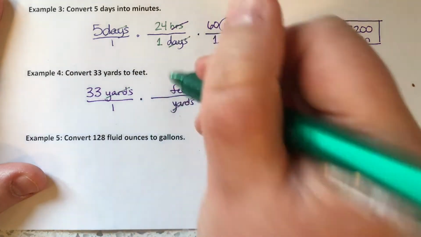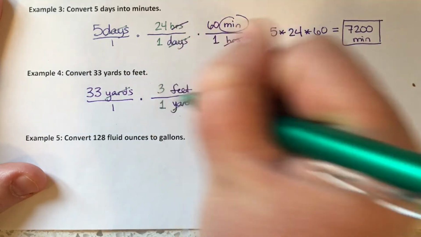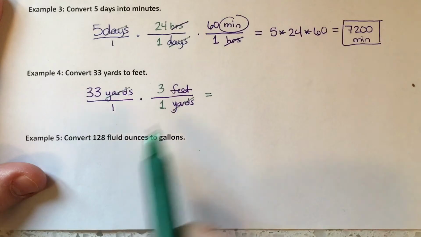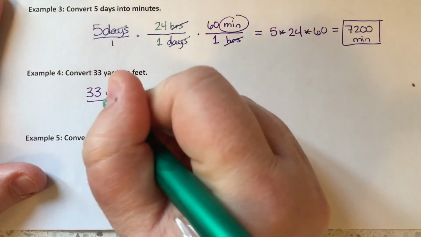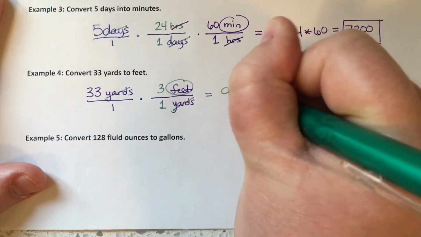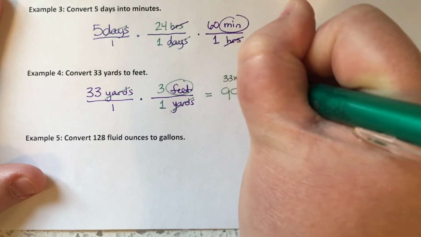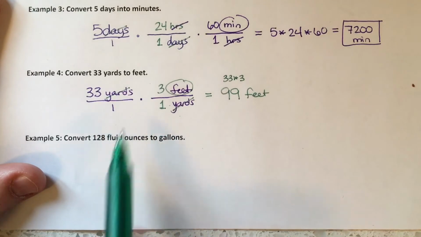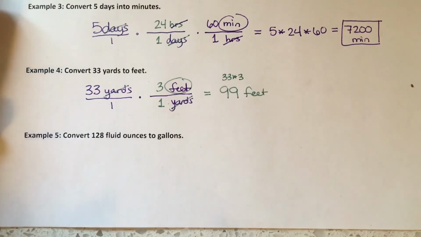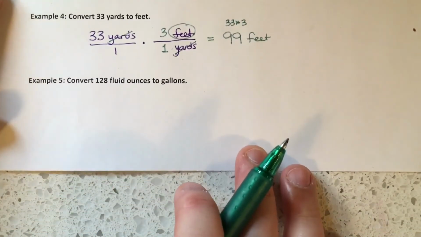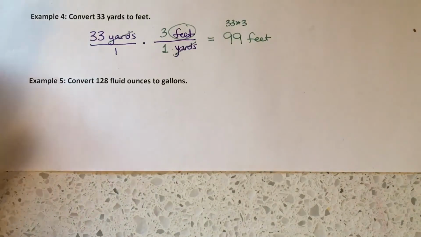The conversion factor is that 3 feet are in 1 yard. And then that's it. That's feet. So 33 times 3 is 99 feet. Again, that just came from 33 times 3, and dividing by 1 doesn't change those. That was deceptively easy. Let's do one that's actually harder.